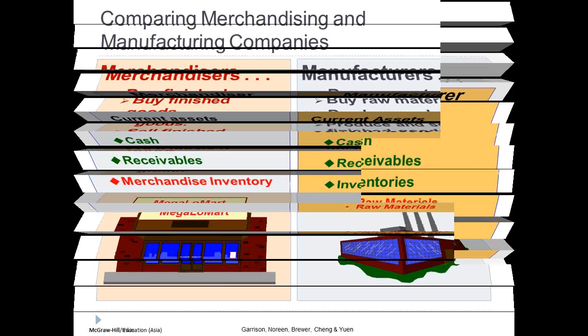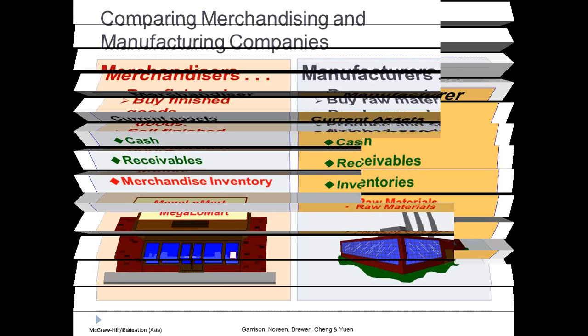Both will likely have cash and receivables. However, merchandising companies do not have to distinguish between raw materials, work in process, and finished goods. They report one inventory number on their balance sheets labeled merchandise inventory.